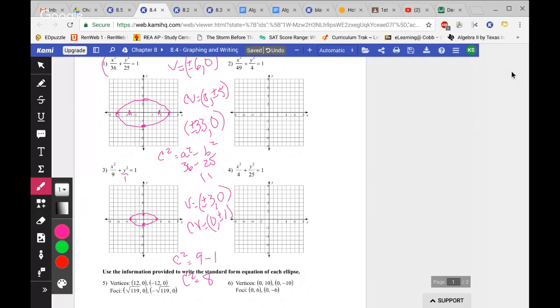And the square root of 8 is 2 point something, I think. So my foci is right here and right here. I have 2 times the square root of 2 as my foci.